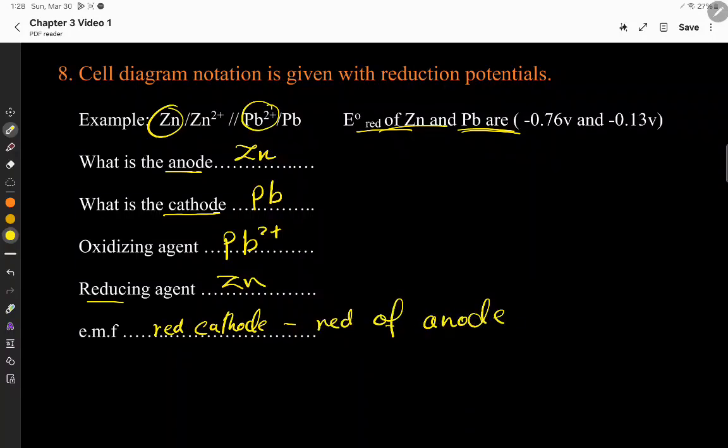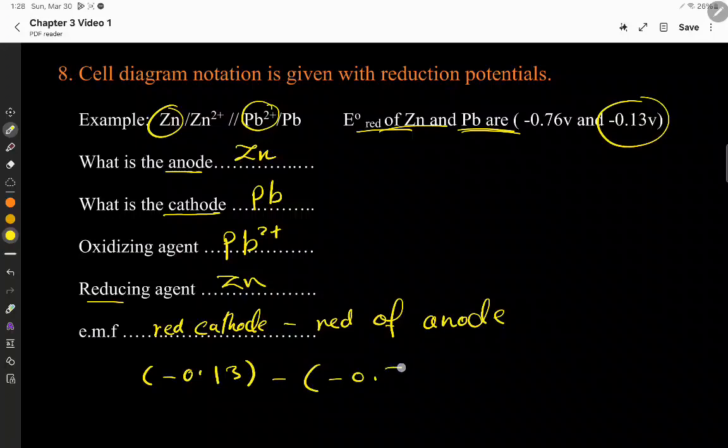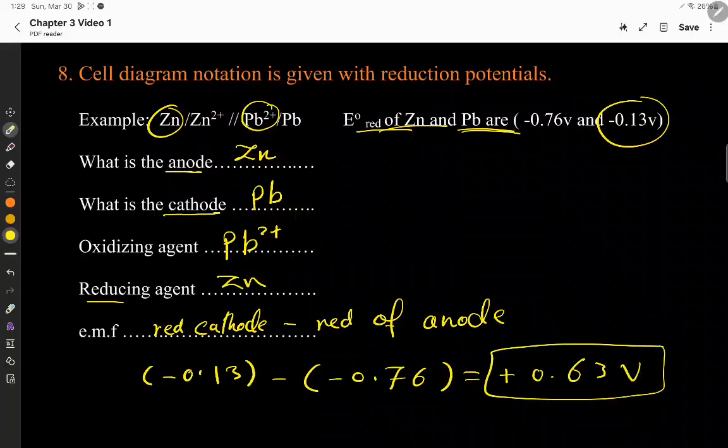In this case, the reduction of the cathode is negative 0.13 minus the reduction of anode negative 0.76, that equals positive 0.63 volt. So this is the electromotive force of the cell, and it is a spontaneous reaction.